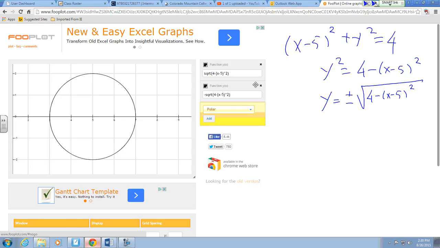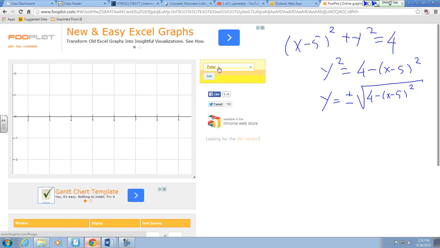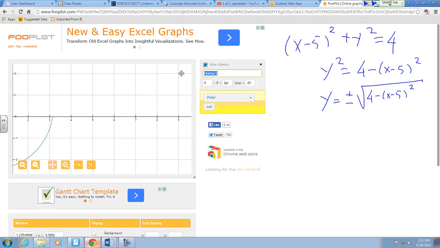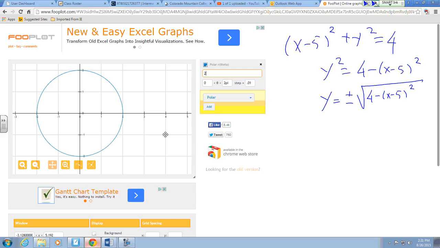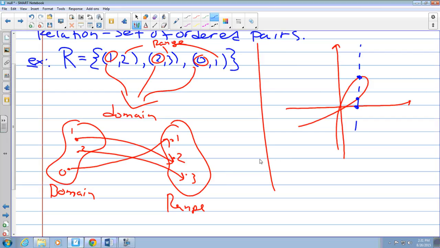Just for the sake of geeking out, know how easy it is to draw a circle in polar. Yeah, all I had to do is to type in 2, and I drew a circle of radius 2, centered at the origin. That's cute. Anyways, that's later, or ever.